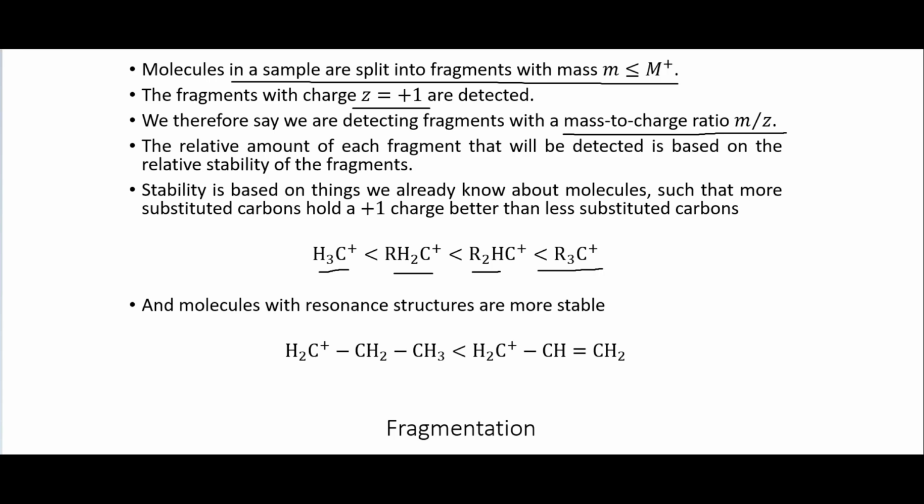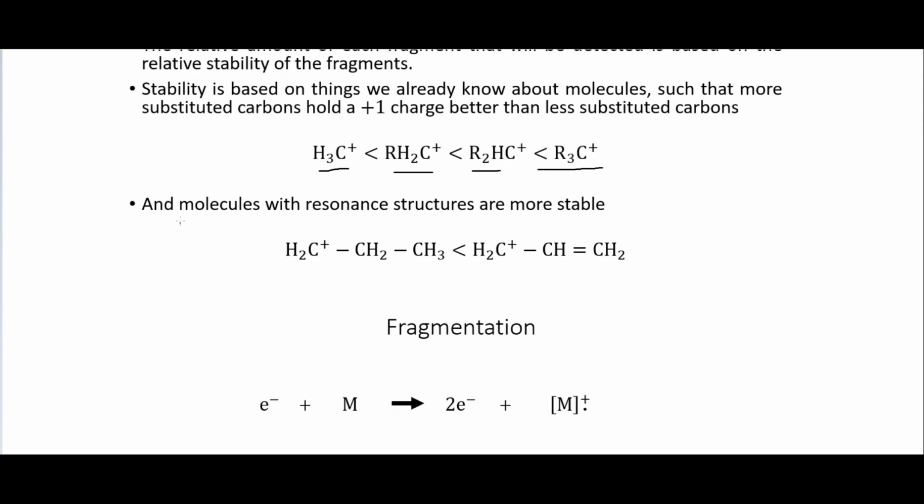And so what we'll see is that fragments that have, say, tertiary carbocations are going to be more abundant than ones that are secondary, which are more abundant than primary, and those are more abundant than the methyl carbocations. And also molecules with resonance structures are more stable. So we'll see that things like the allylic carbon are going to be where splits occur more often than on non-resonance stabilized structures.